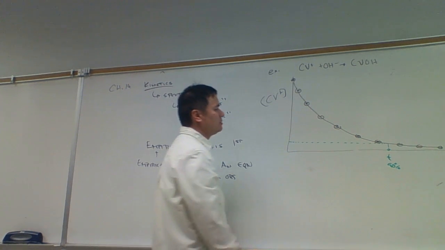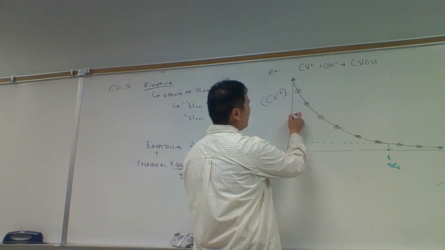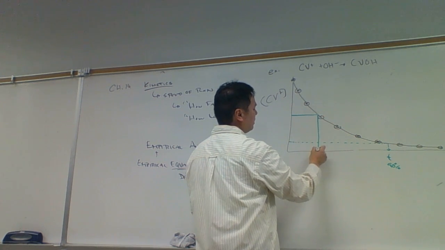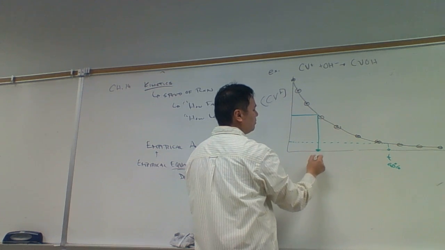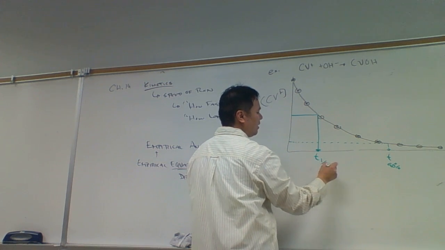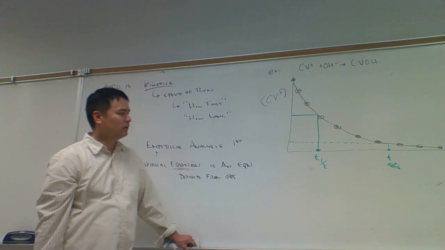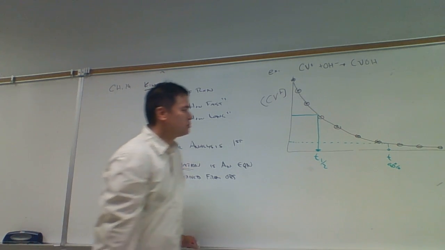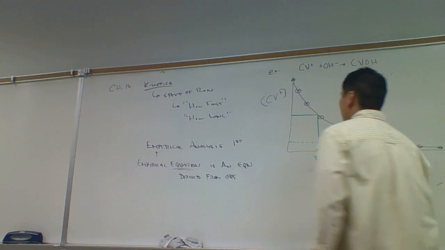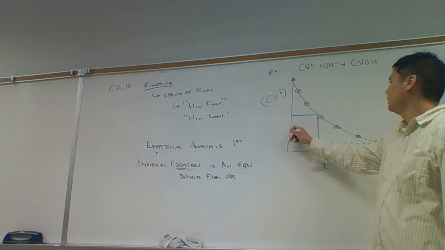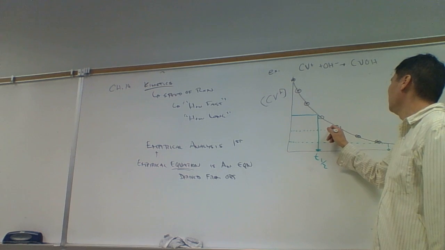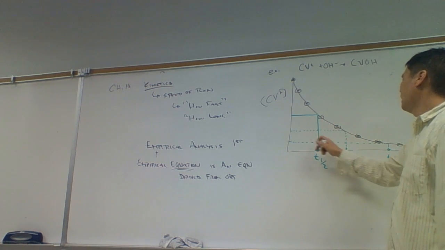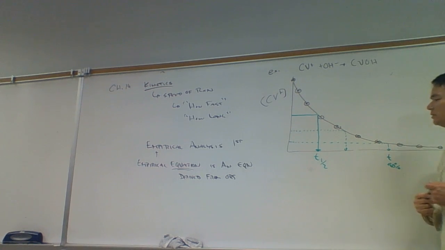One of these times is very important. One of these times is the time required to react 50% of it. The time required to react 50% is called T1 half. It's the time interval required. Some of these curves are interesting in that sometimes we get a curve like this in which the T1 half has a pattern to it.